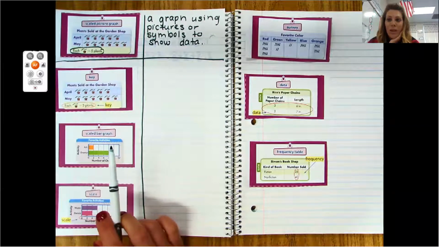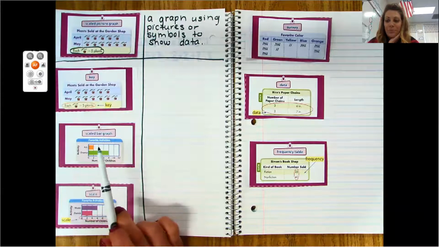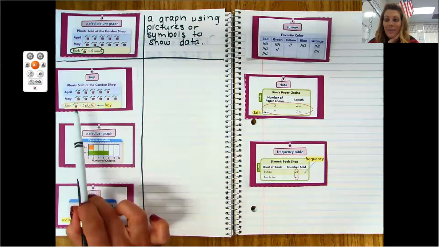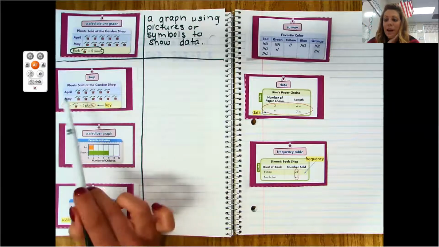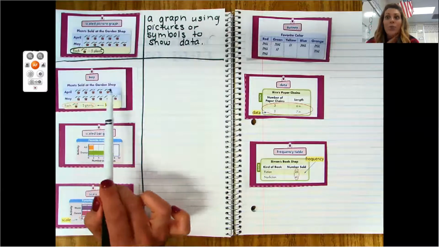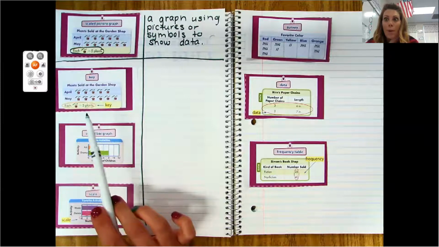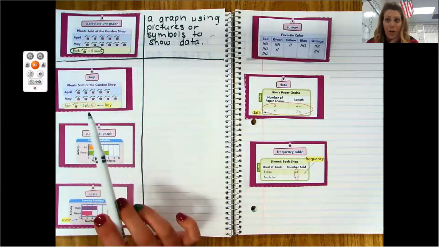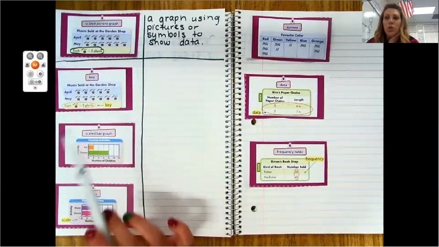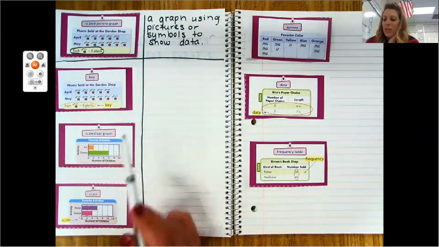How many plants would have been sold in April? Well, we would have to count by 5s 5 times. 5, 10, 15, 20, 25. Okay, so it is so important, and we're going to look at picture graphs more today, but it is so important that you always look at the key.